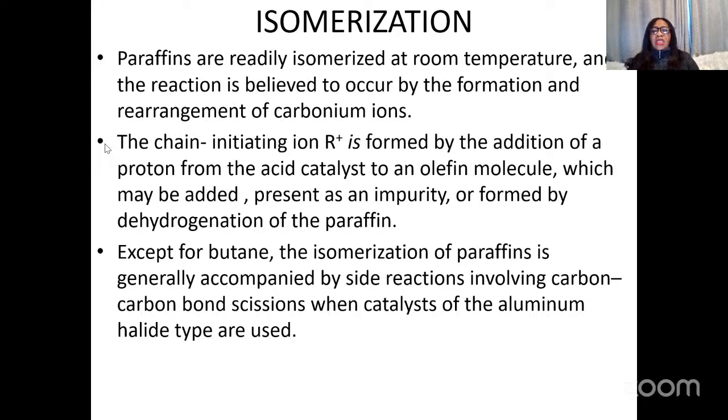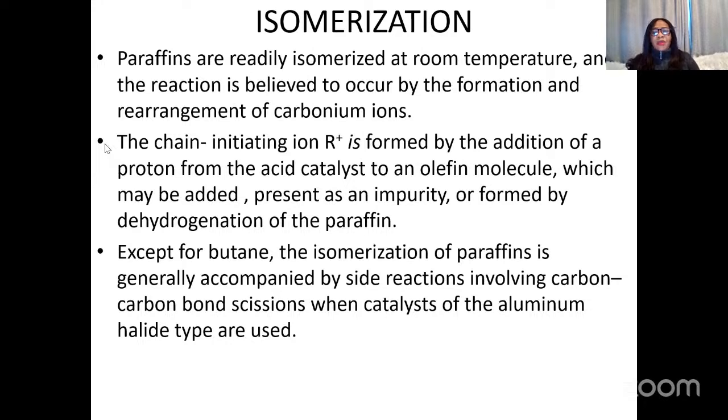So the proton is added to the olefin molecule. Then more molecules are added. Some impurities present can also be formed by dehydrogenation of the paraffin.